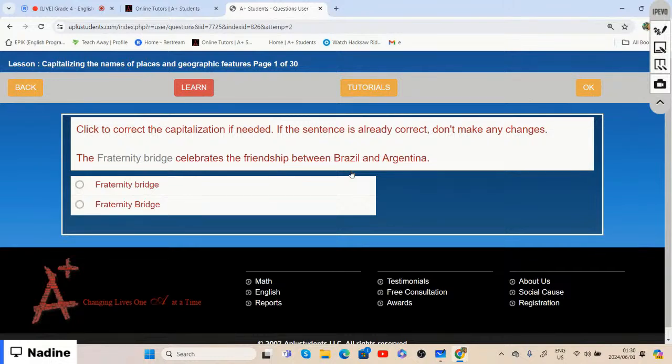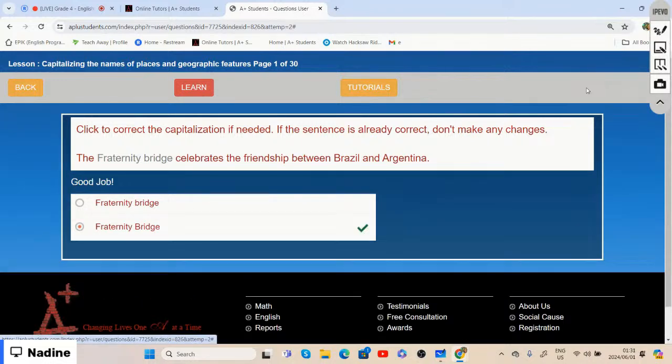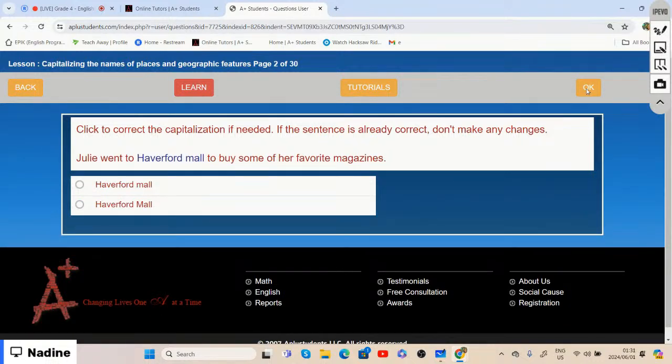Yes. And if we were to choose the correct one, option two is correct. So well done. Because it's a geographical feature.